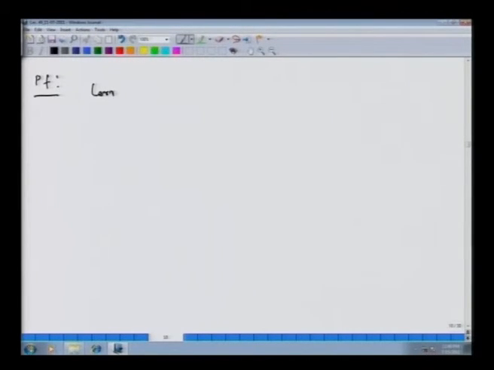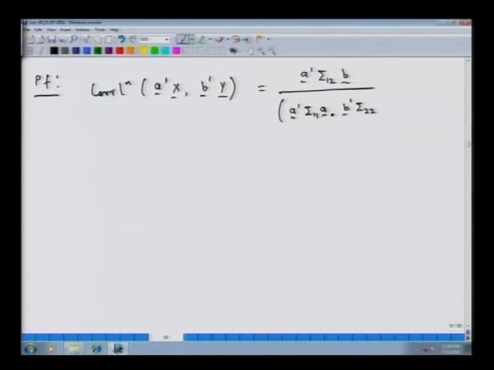So, we will actually prove this result, and in order to do that, let us look at the correlation between linear combinations A prime x and B prime y. As we have seen, this is equal to A prime sigma 1 2 times B, divided by A prime sigma 1 1 times A, multiplied by B prime sigma 2 2 times B, raised to the power half, right.